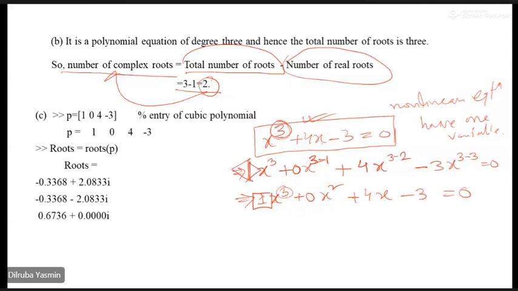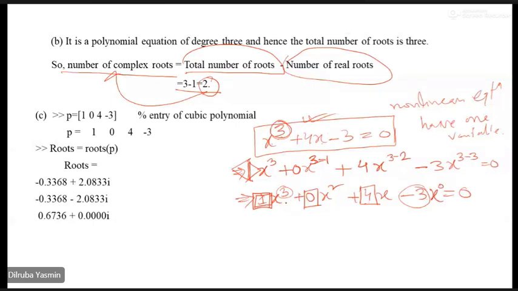Next you have to take the coefficient of x squared. Next you have to take the coefficient of x, and next you have to write the constant value, because this is the coefficient of x to the power 0, isn't it?